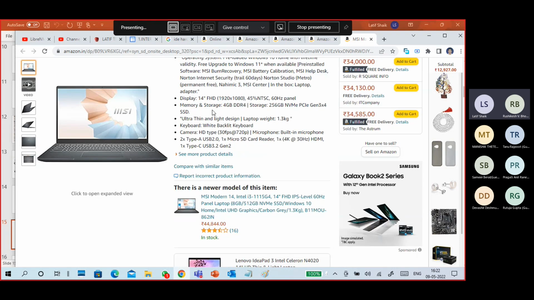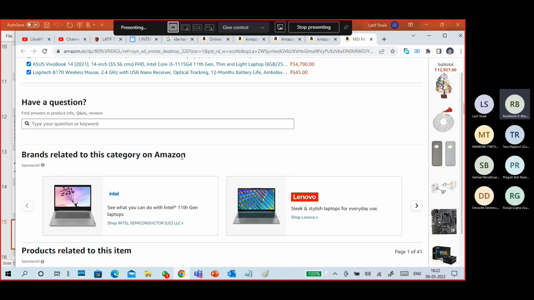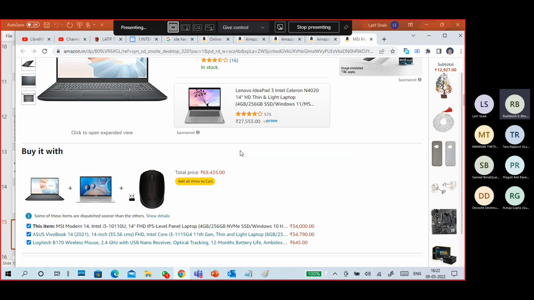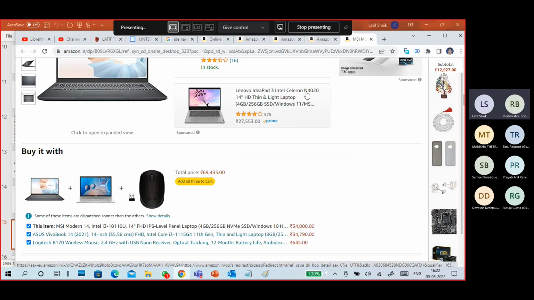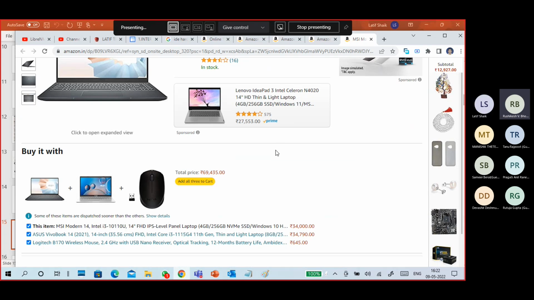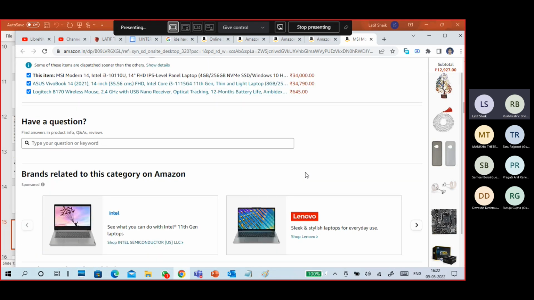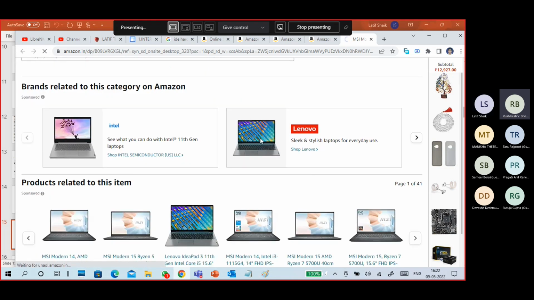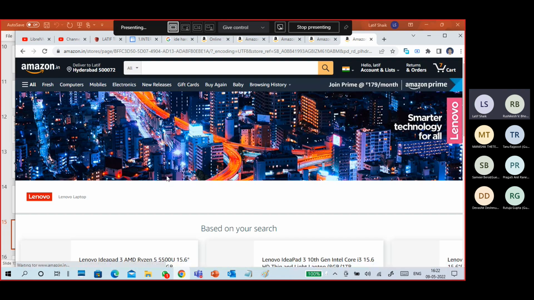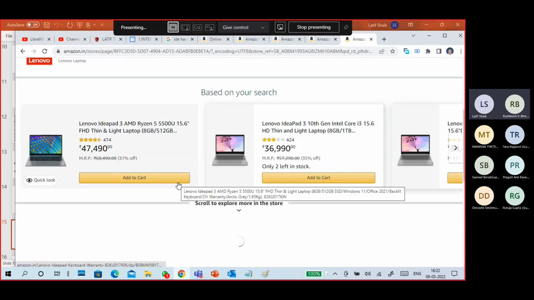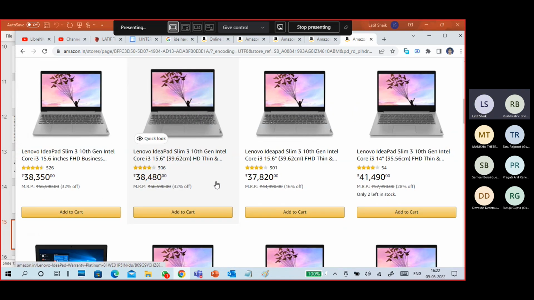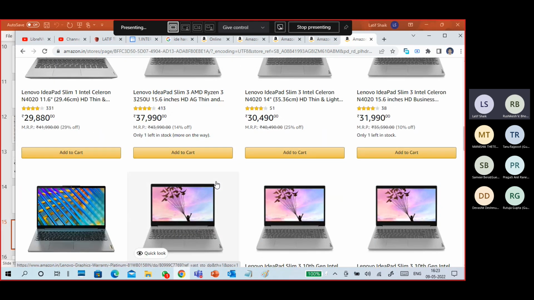It is built-in graphics. Celeron, don't purchase these kinds of Celeron stuff unless you only want to watch movies. Stylish is not required. Stylish laptops are only for show purposes.